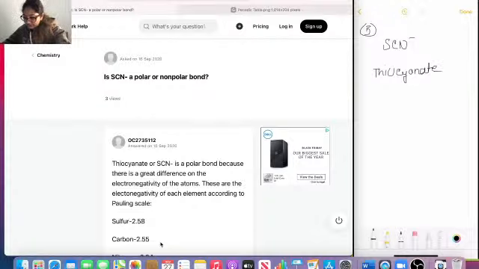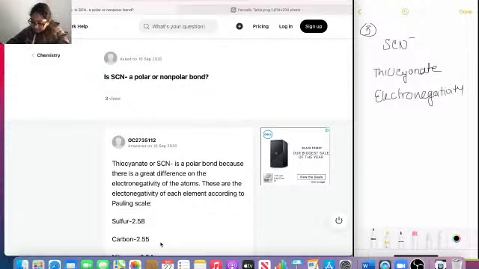In order to find the difference of the electronegativity of the atoms, in this case there are 3 elements, so you want to first find out the electronegativity.